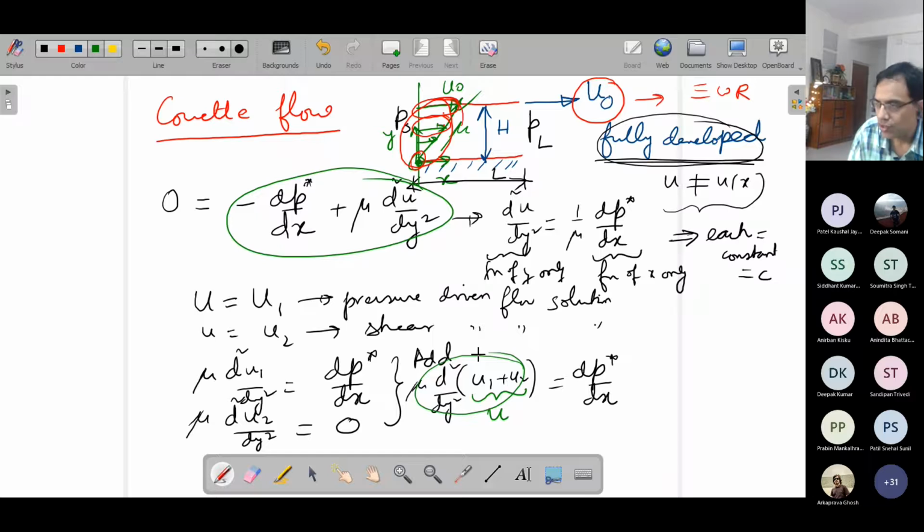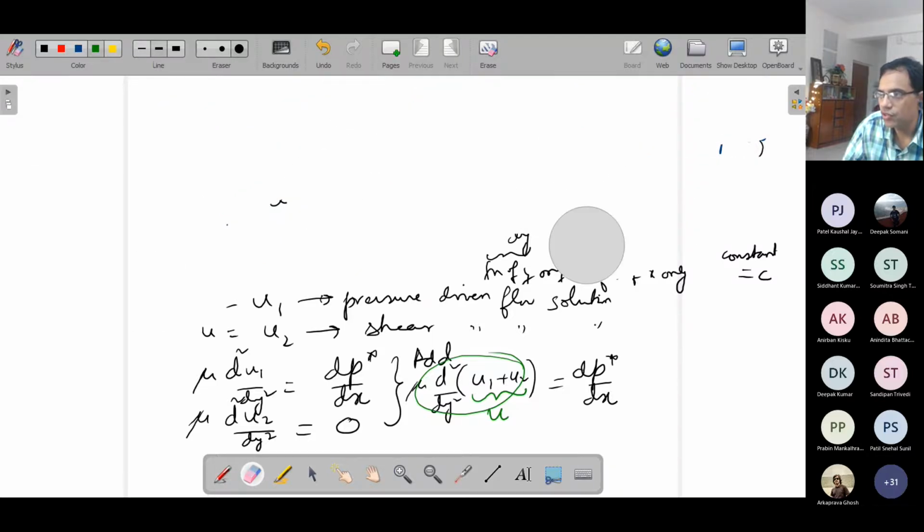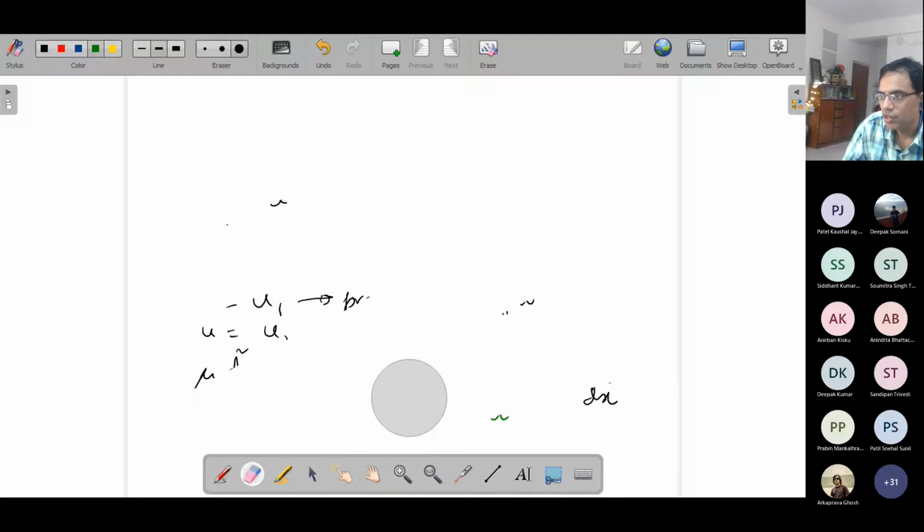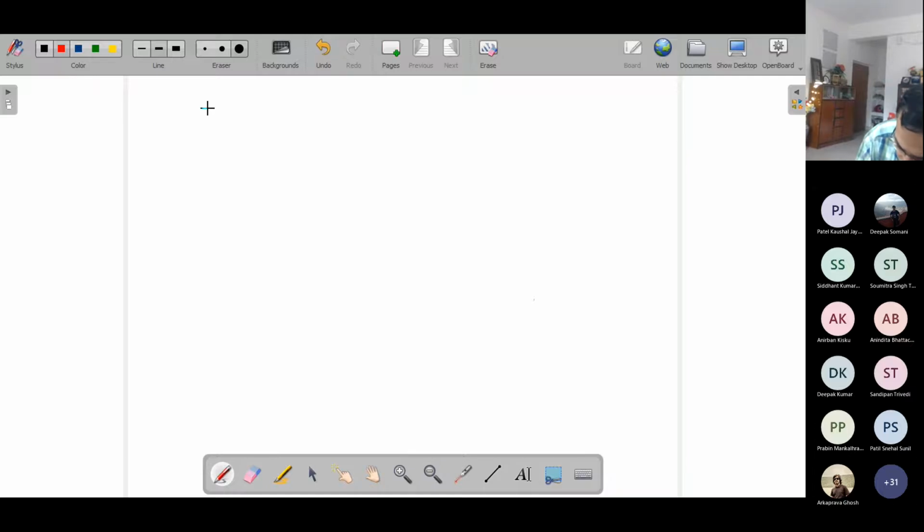With this linearity, you can get an independent pressure driven component and a shear driven component and simply add these two. And this addition can give rise to very interesting features. I'm trying to draw a sketch of u1 and u2 to show you that interesting things can happen.